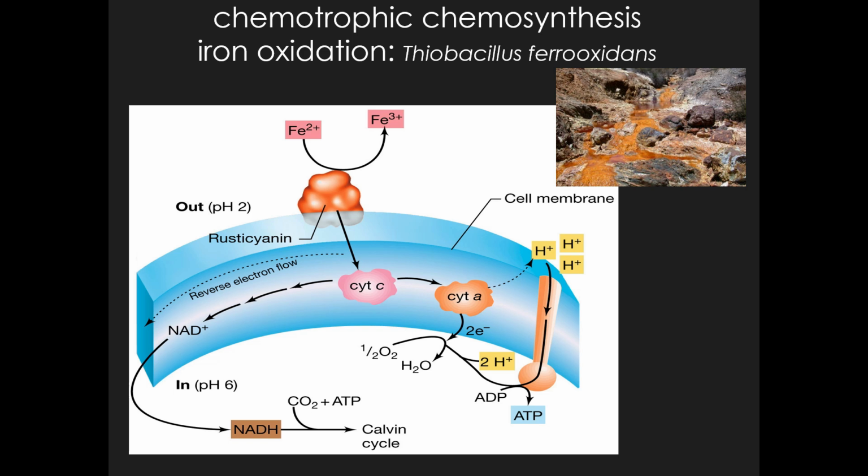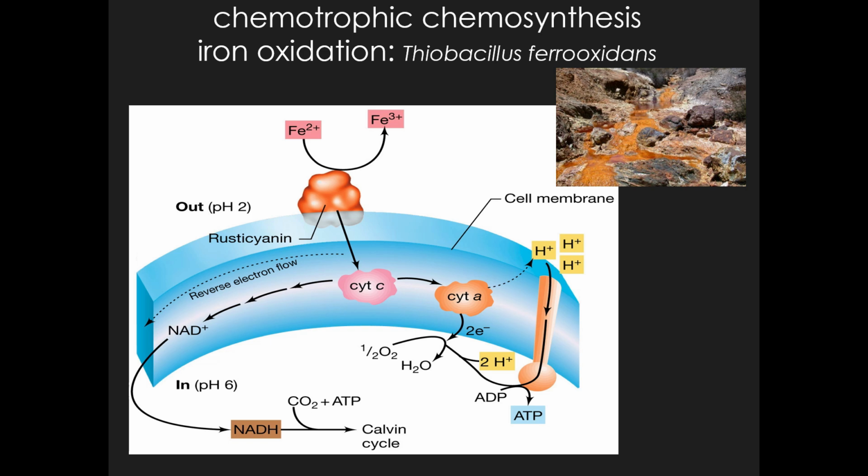These guys have a protein on the surface of their cell membrane, which will pull in electrons from ferric chloride, and when they do that, it oxidizes the iron to ferrous chloride, turning it to the orange rust color that you see in this water in the inset picture.